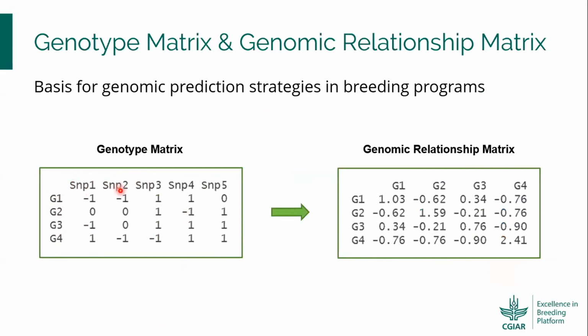And in columns, you can see the name of the markers: SNP 1, 2, 3, 4, 5, 10,000, etc. And the numbers that you see here tell you the frequency of a given allele.